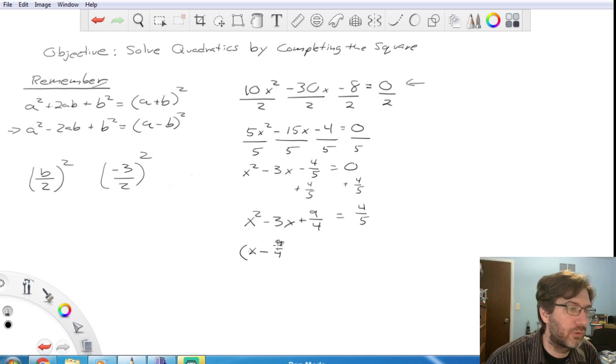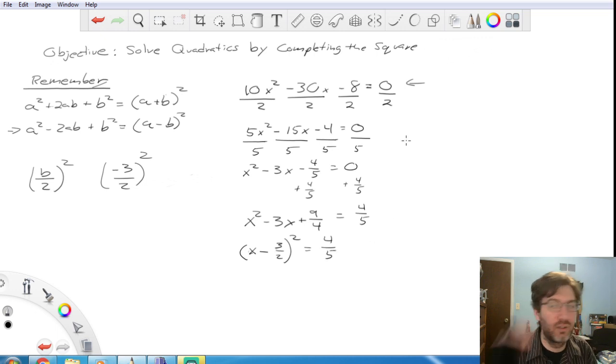I'm sorry, we want the square root of that. We take the square root of this, and we take the square root of that. So the square root of 9 is 3, and the square root of 4 is 2. And then we square it there, and that's going to equal 4/5.